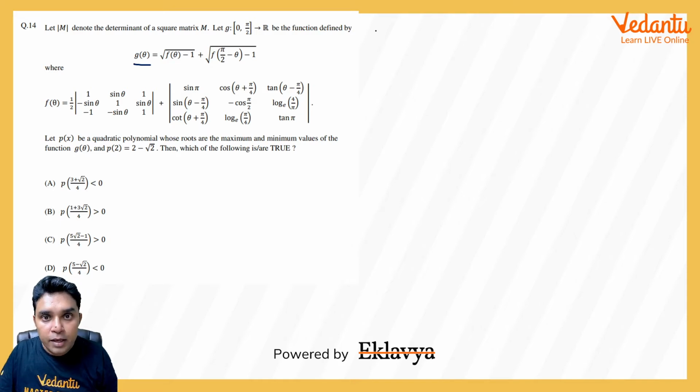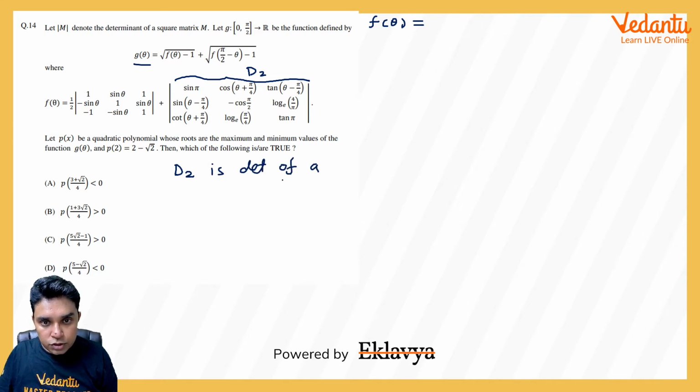Now please see. I will start by solving for f theta. You can notice that this another determinant D2 is the determinant of a skew symmetric matrix. You can check why.